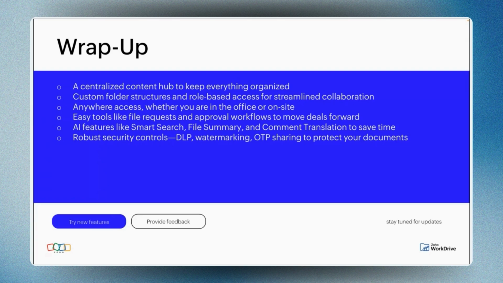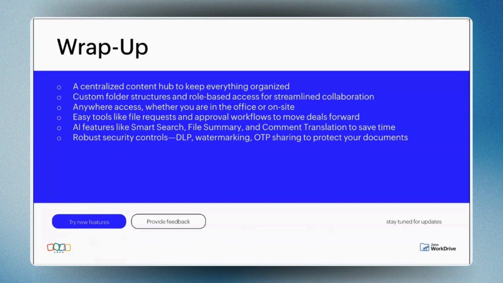So say you need documents for a client, just send a file request. Or if you need internal approvals, use our built-in approval workflows. And we also walked through a full real estate use case from site visit to deal closure to show how WorkDrive fits into your everyday operations.